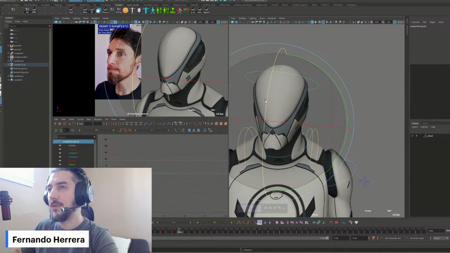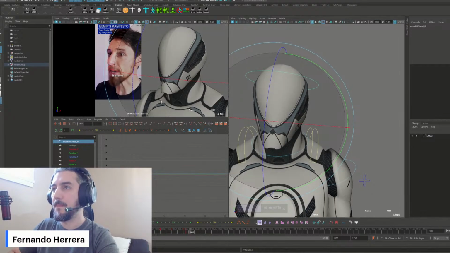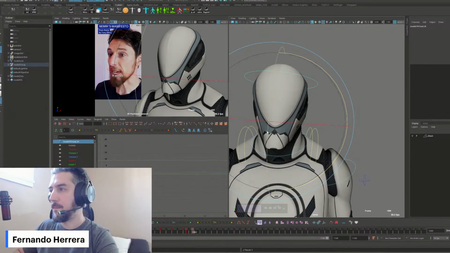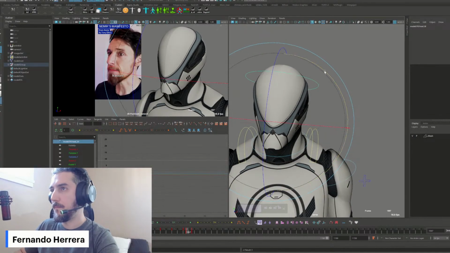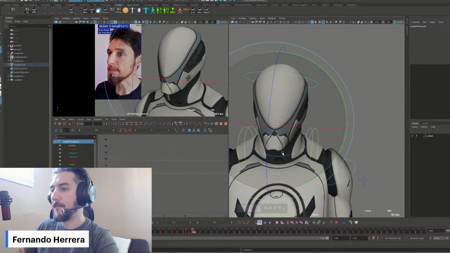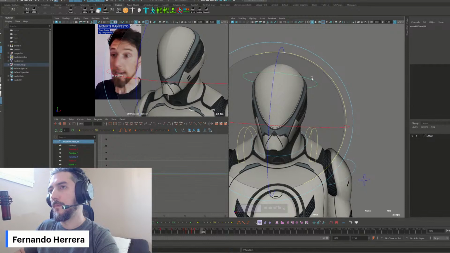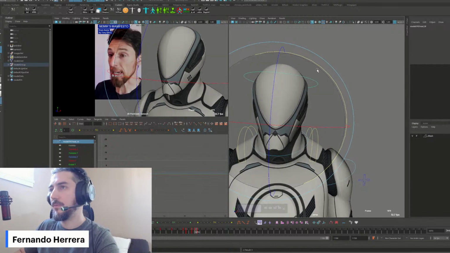This part is going to be interesting because it has a lot of complex motion. Yeah, here I definitely need the frame by frame approach.